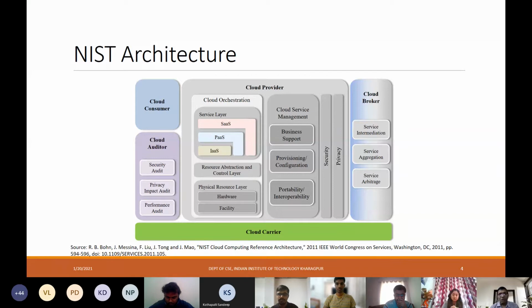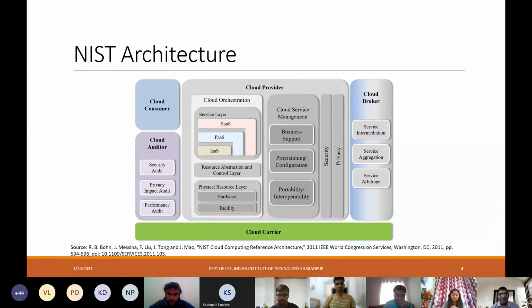Facilities basically include the networks, the routers, the switches, etc. So hardware and facilities, all of these put together, this becomes the physical resource layer. So physical resource layer, as the name suggests, is basically comprised of the physical, the actual computing resources, right?